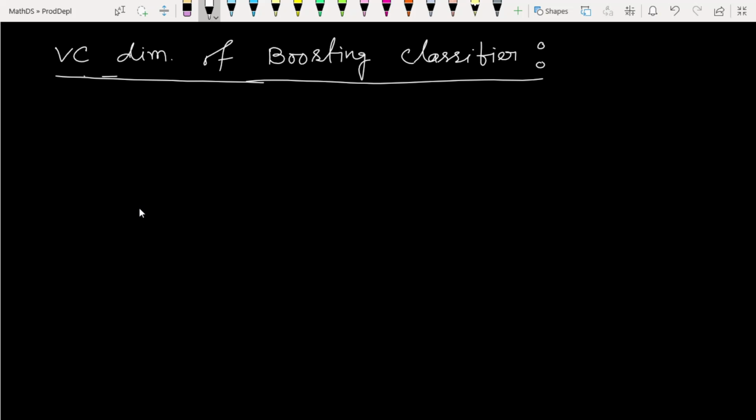That's the job we are doing in the boosting technique. So suppose we have a base class B of simple classifiers.